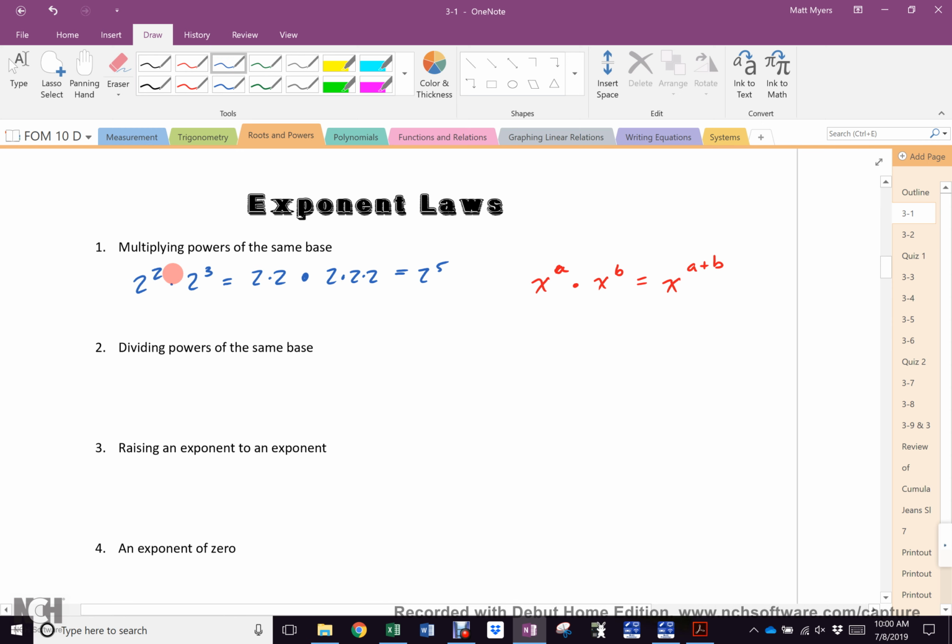Exactly the same thing as it means with numbers. X squared times X cubed is X times X, X squared, times X times X times X. You can quite plainly see there are 5 X's there.